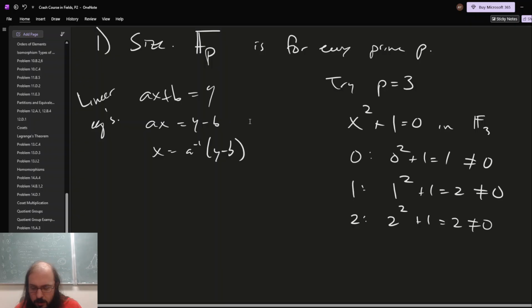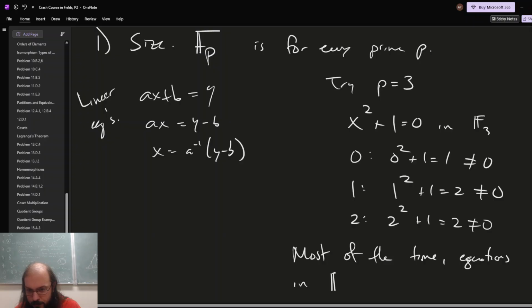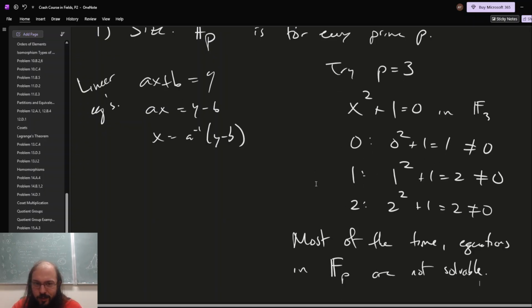And so this issue of size means that most of the time, equations in F_p are not solvable. And so that's a problem, something that we'd like to rectify.